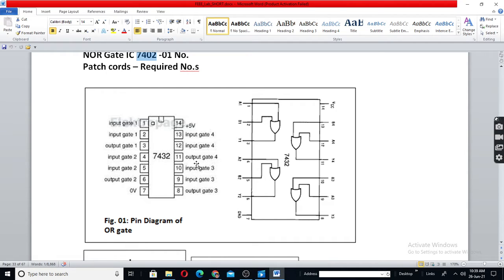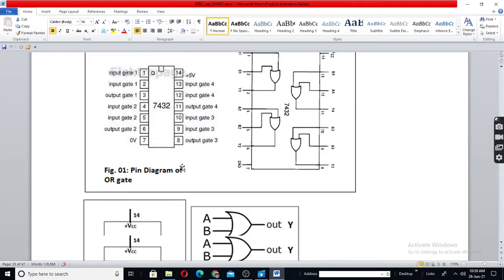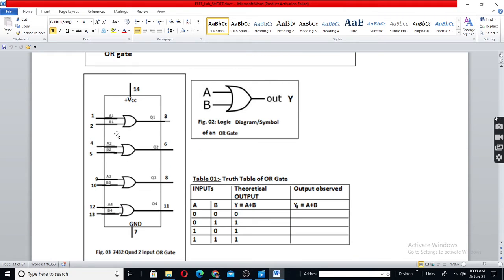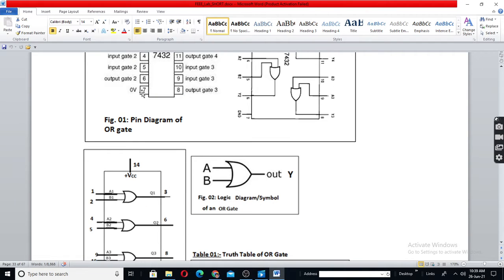So the pin diagram is similar to the last experiment's gates. 1, 2 input, 3 is output. 4, 5 input, 6 is output. 7 is used for ground, 0 volt.